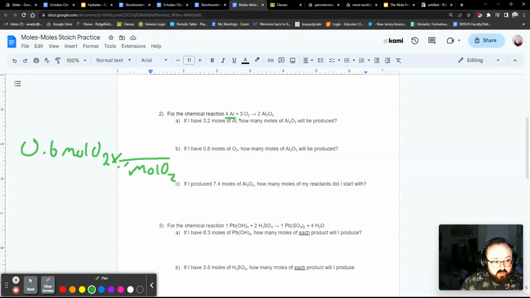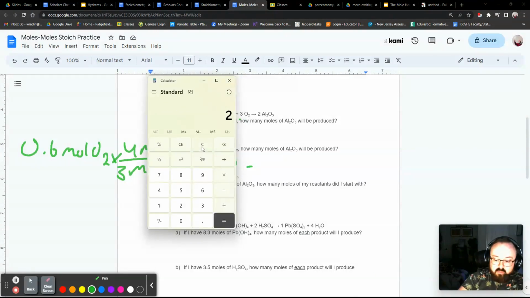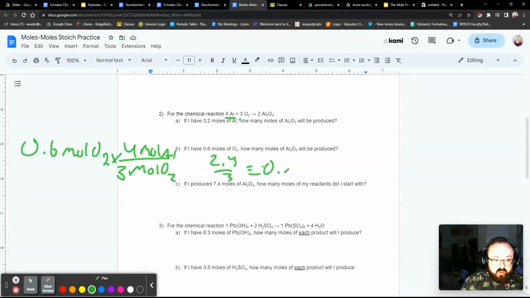My coefficients are 3 and 4. You get, what, 2.4 divided by 3? 0.8? This is not one of these questions. That's not what this question is, so don't get confused by that. That's why that's not the answer.